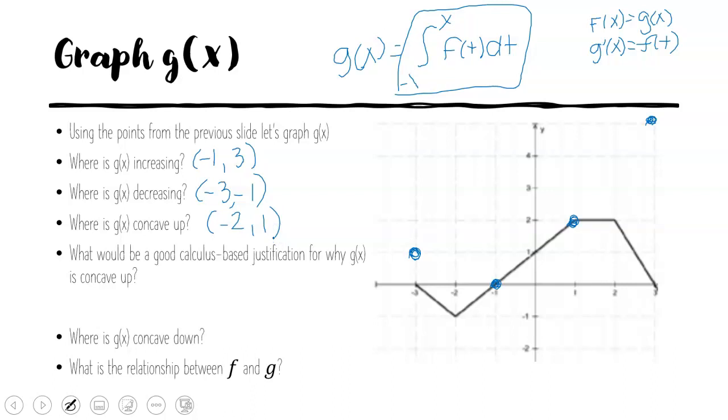What would be a good calculus-based justification? So again, if I were to write that in a sentence, I would say that the graph of g of x is concave up when f of t is increasing.